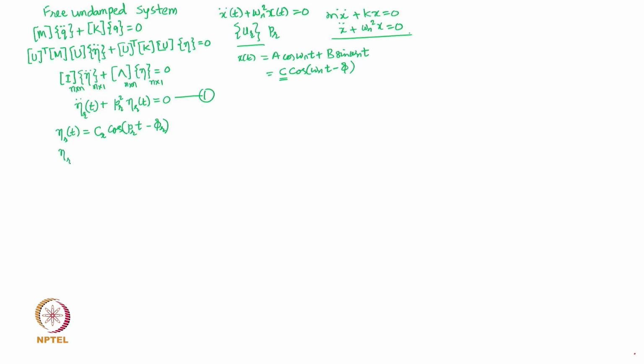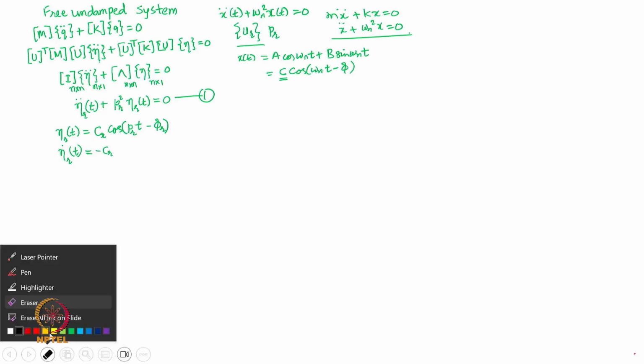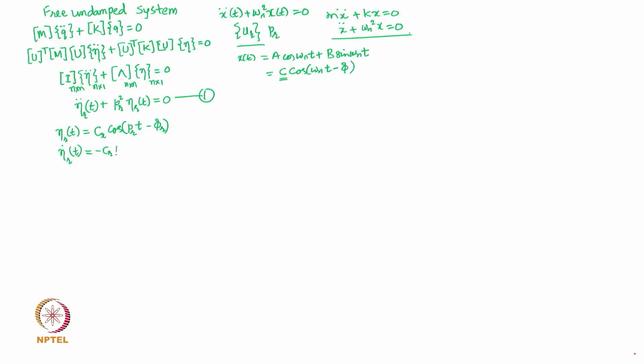So, the way we did it for the single degree of freedom system as well, we write the expression for the velocity. So now here you have minus C r p r sin p r t minus phi r, isn't it?